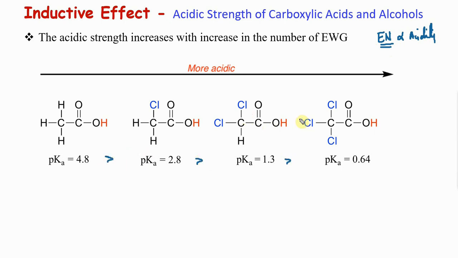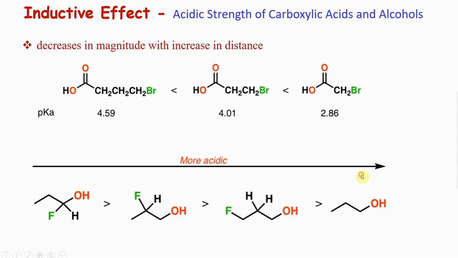Obviously one chlorine, two chlorine, three chlorine. With three of them pulling electrons, this hydrogen will go away easily. So the more the number of electronegative groups, the more the acidity. In the previous slide we saw that electronegative is good; this slide tells you the more it is, the better it is.